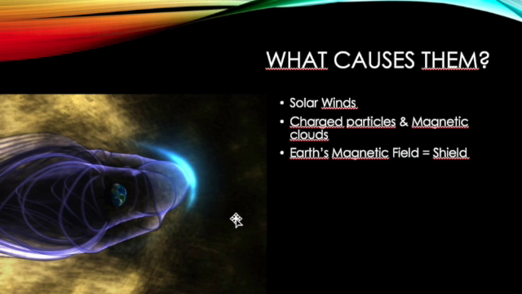Earth is here in the middle, and it's surrounded by a magnetic field, which is represented in color purple.